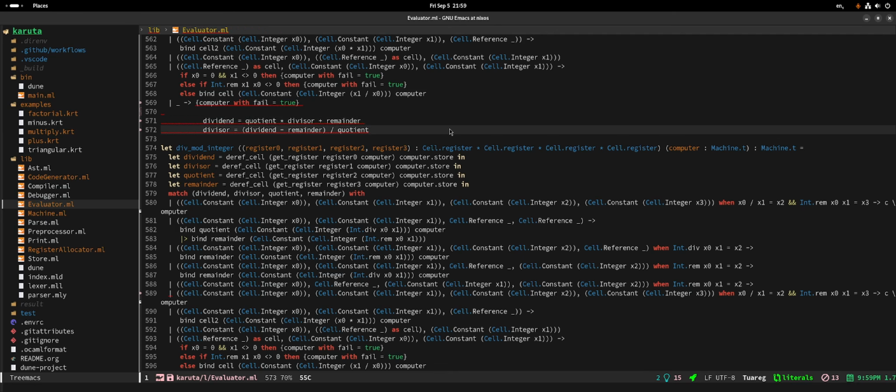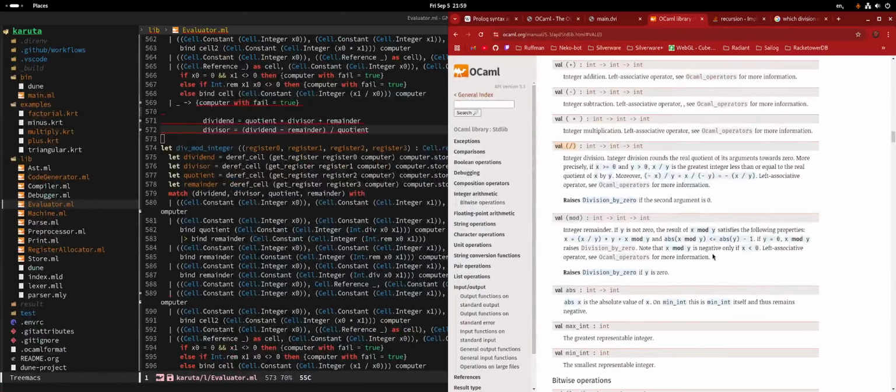Well, what if dividend minus remainder is negative? Or what if the quotient is negative? So do they not implement division correctly? Is that what you're saying? It doesn't say here. We need a REPL.